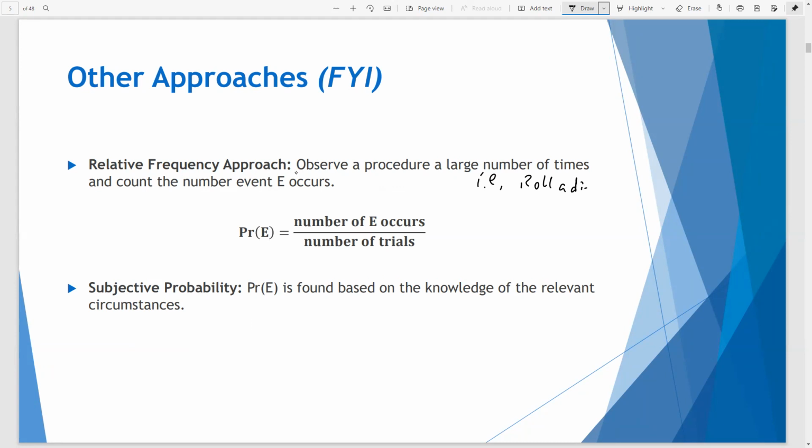We could say that you roll a die 1,000,000 times and get 499,958 even numbers.